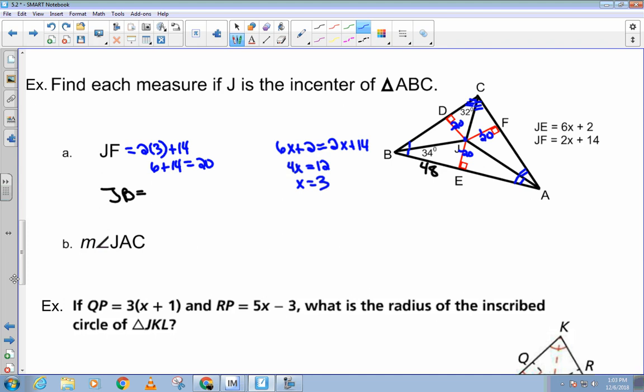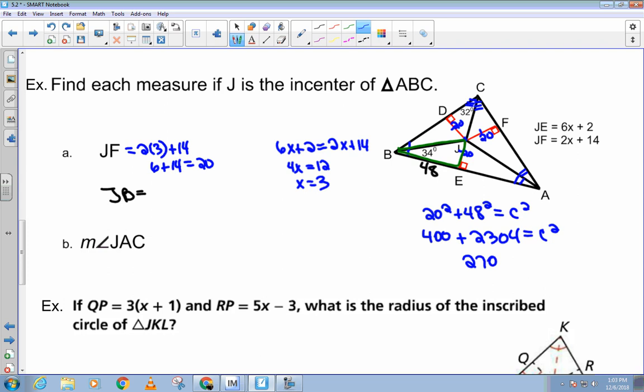Right here I have a right triangle created, right? And I know two parts of it, so I can do the Pythagorean theorem to find the third part. So I'm going to do 20 squared plus 48 squared equals c squared. So that is 400 plus 48 squared, which is a large number, 2,304, equals c squared.